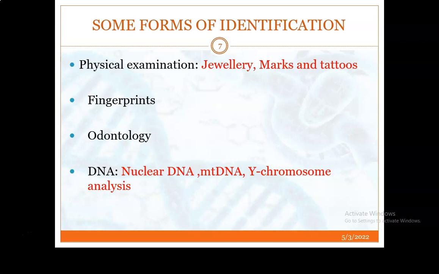Odontology is also another field that can be applied in identifying a human remain. And the modern one, DNA, using nuclear DNA, mitochondrial DNA, or you can do Y chromosome analysis when the supposed deceased person is a male.